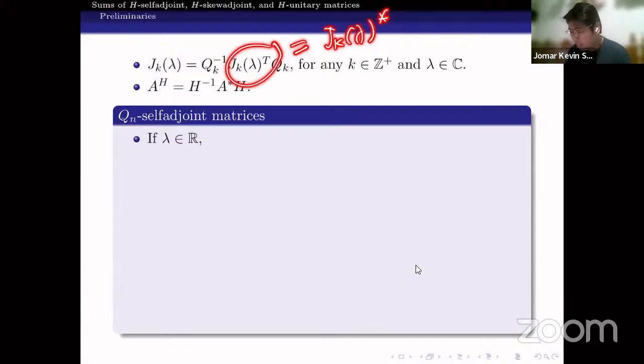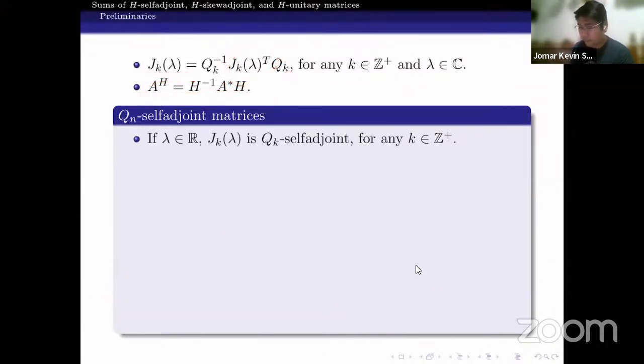And what does this say? Q_k inverse times J_k of lambda star times Q sub k equals J_k of lambda. But this is equal to J_k of lambda raised to Q sub k, based on the definition. So we conclude that if lambda is real, J_k of lambda is Q sub k self-adjoint for any positive integer k.